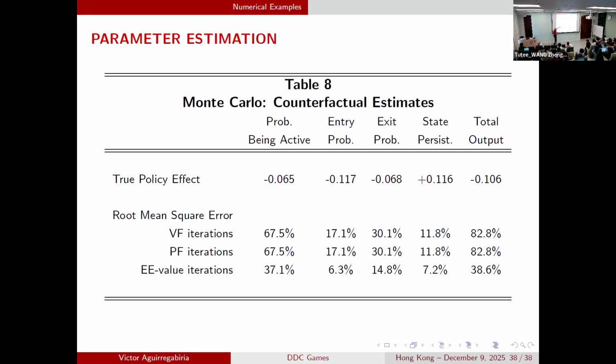With policy function iteration, the researcher has to discretize a lot. Similarly with value function iteration. With the Euler equation operator, we can get closer to the true 1 million states. Then you can see that this matters also for the quality of our estimates of the true counterfactual experiment.